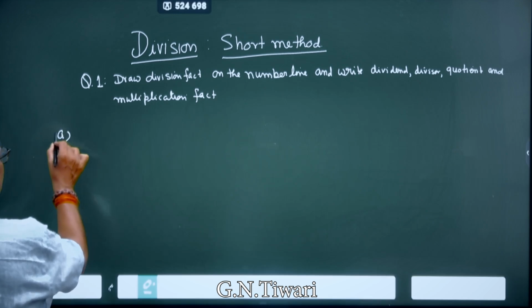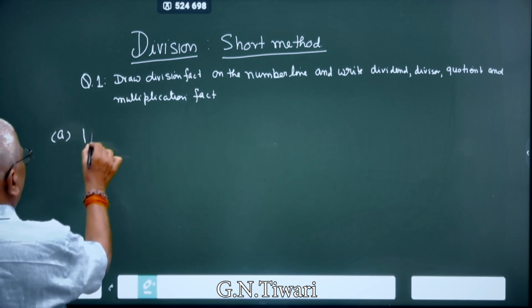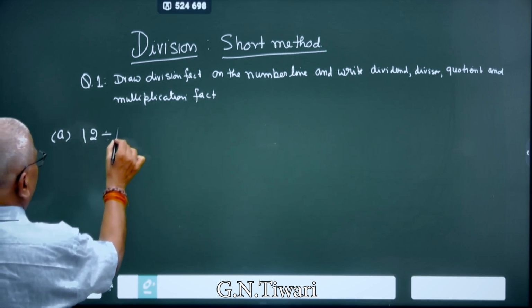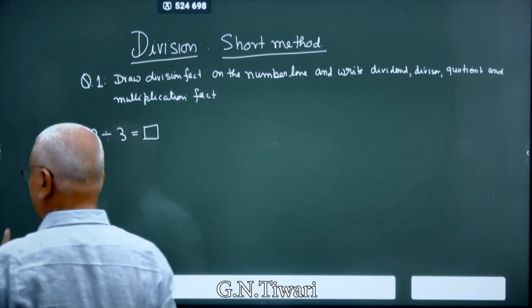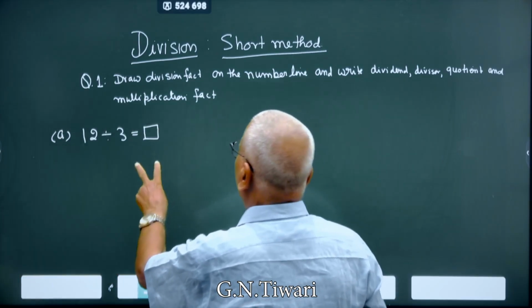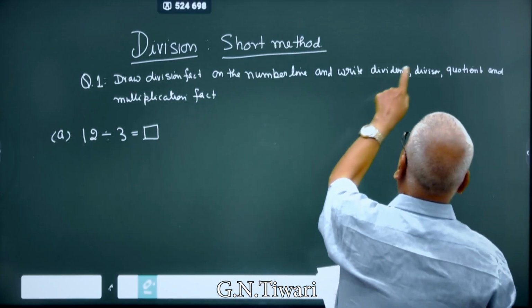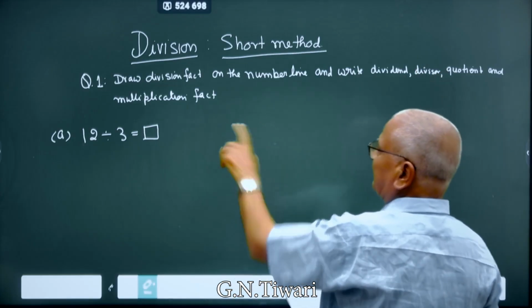A 12, 3, and you have to fill up by getting number line. Once you know this thing, then you can write dividend, divisor, quotient, and the multiplication fact.